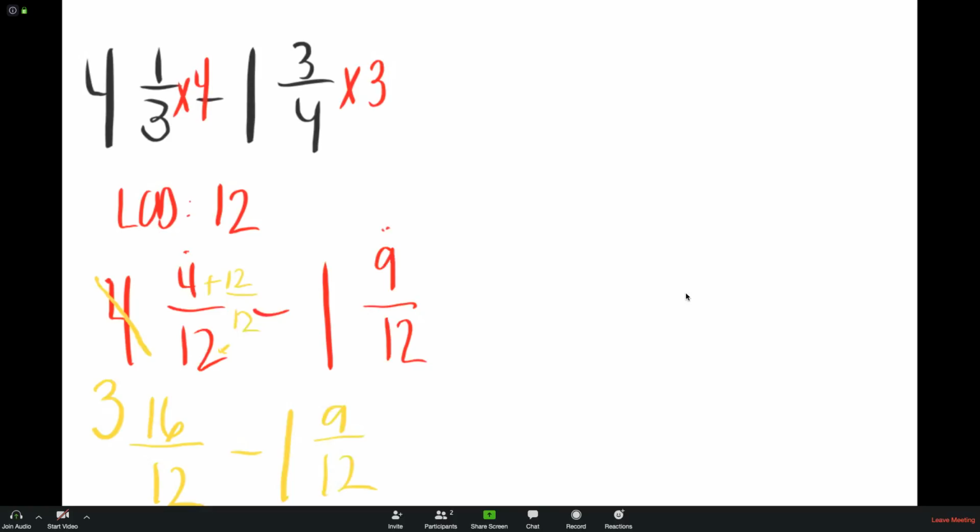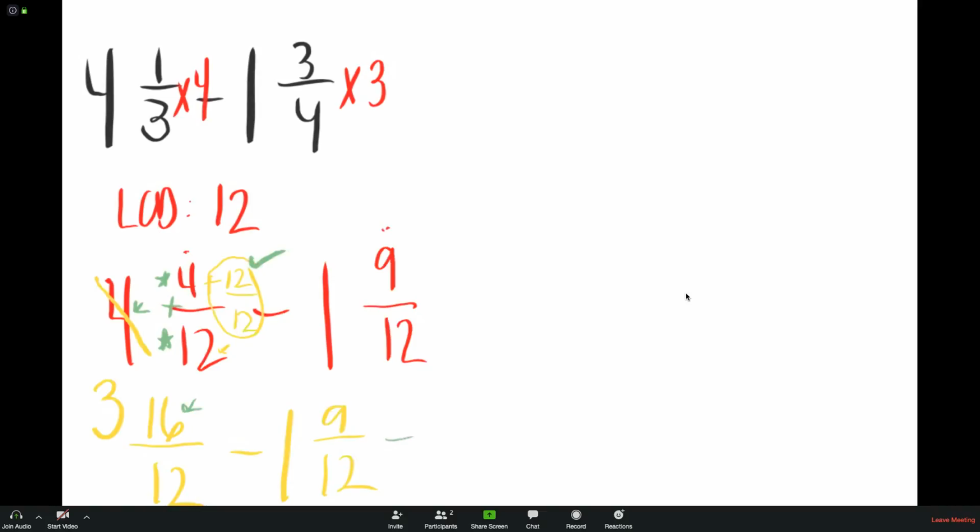Another way you can think of it is because we're adding this whole number here, it's like adding this number and this number together. So when you take out that whole number from your original whole number in your fraction, you're going to add these two numbers together. So 4 plus 12 is 16. It's the same thing as adding that whole number here. Okay?